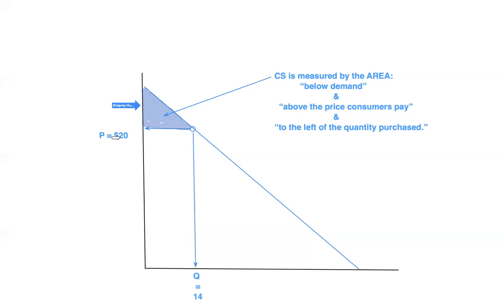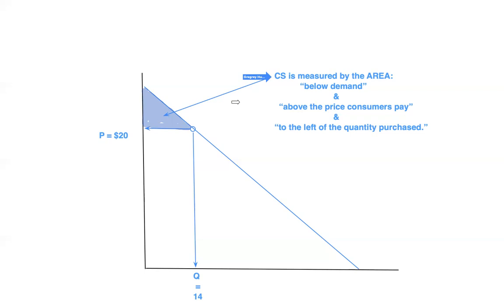Whatever price the consumer's facing, you look at the quantity that they would purchase, and then you look at the area below the demand curve, and that's going to be some shape. And if you calculate the area of that shape, it's going to give you a number, and the dollar value of that number is consumer surplus.